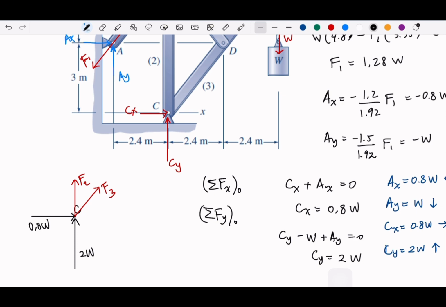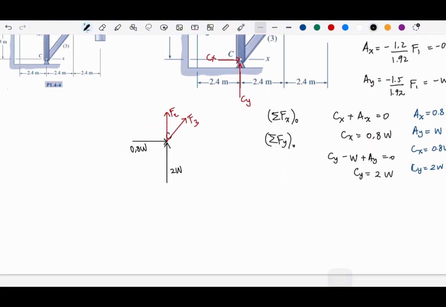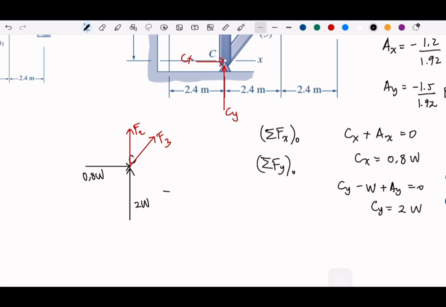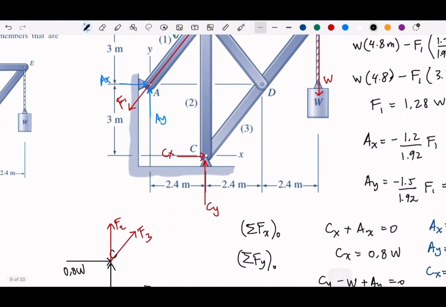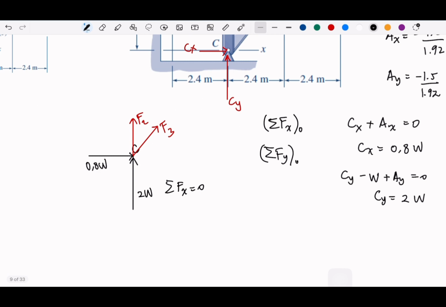And based on just a local equilibrium within this point C, we can get everything. So suppose that we take the horizontal axis to get F3. With the same triangle, we get 1.2 over 1.92 F3 plus 0.8 W equals 0.